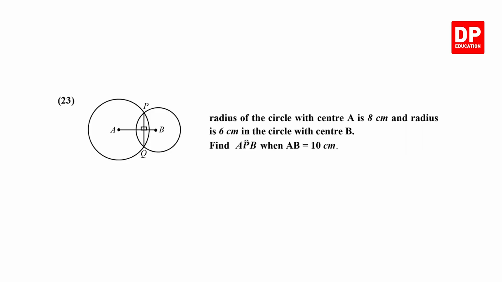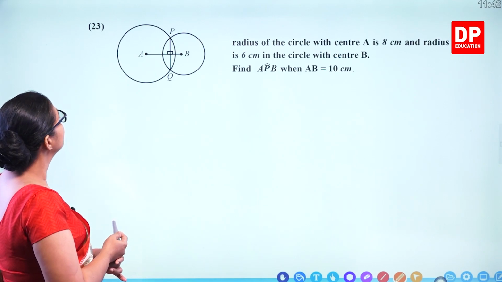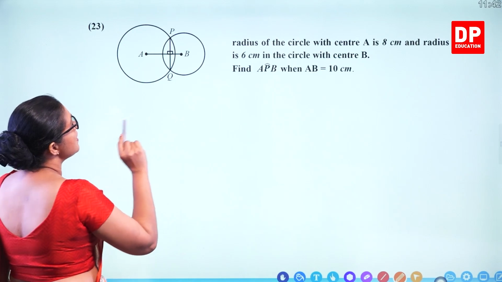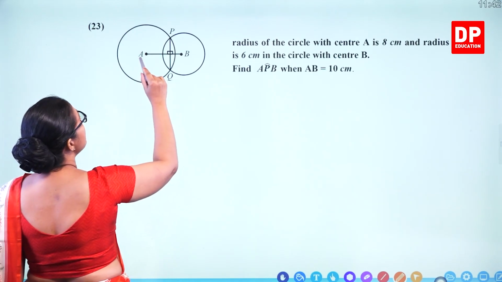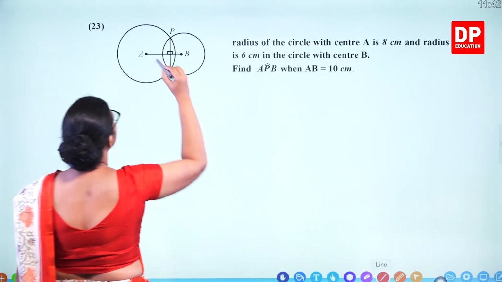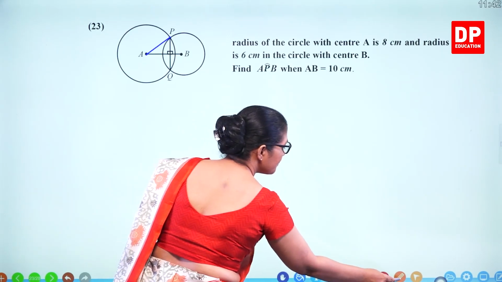Question number 23. Radius of the circle with center A is 8 centimeters. So, center A, this is 8. If you draw the line here to here, that's 8.